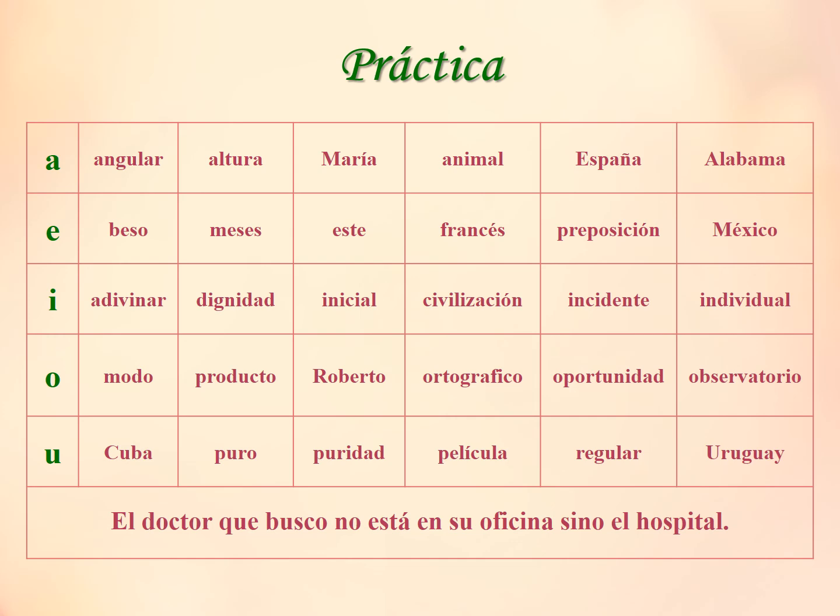And going on, película. Not película, but just u, película. So after me, película, película. Regular, regular. Not the regular from English, but one more time, regular. And then finally, one of my favorite words, Uruguay, Uruguay.